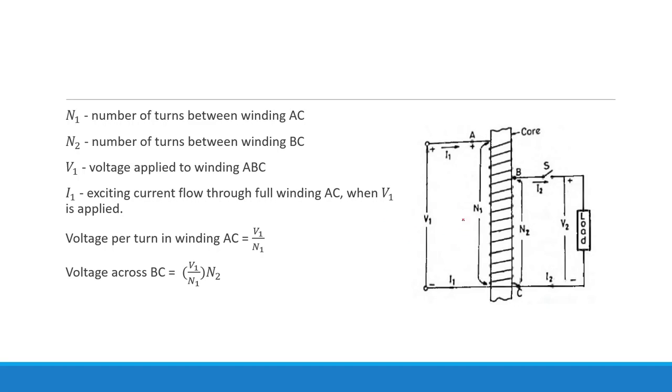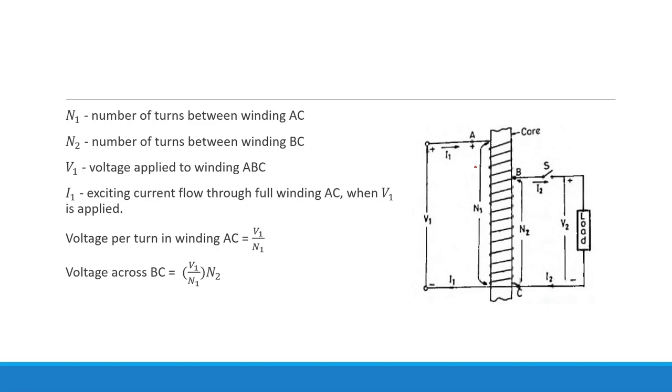So once the voltage is connected or the source is connected to the primary winding, or you can say the ABC, what would happen? An exciting current starts flowing in this winding, you can say ABC or AC. So the current is going to flow in this winding, that will be called here as I1.